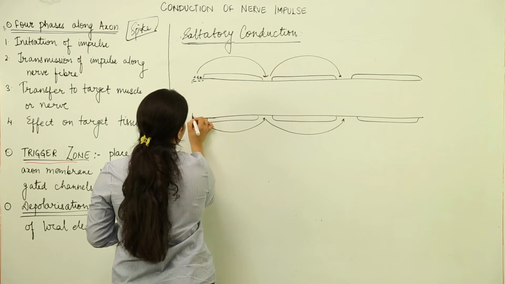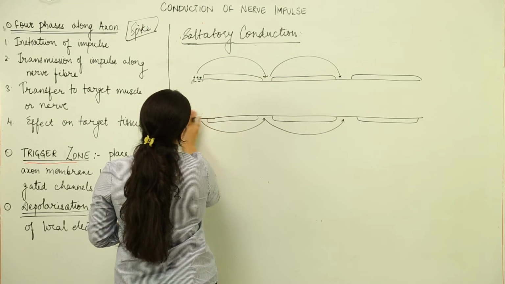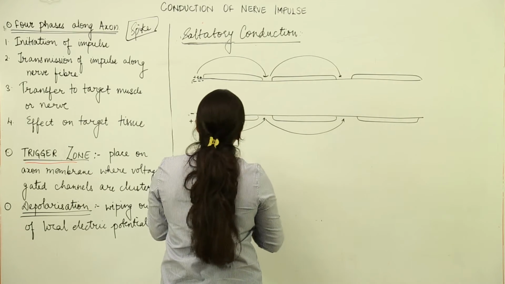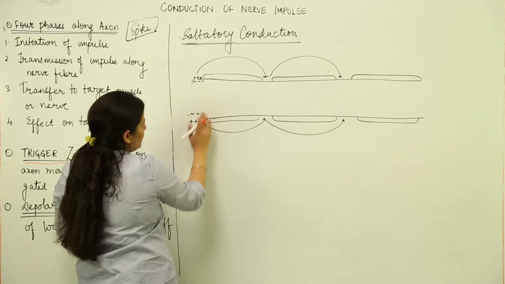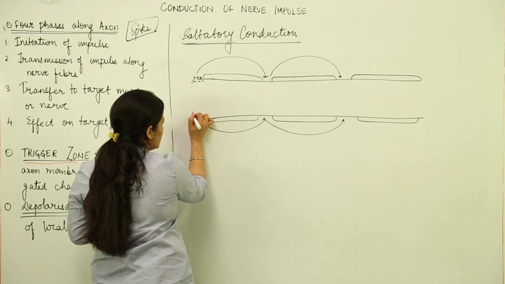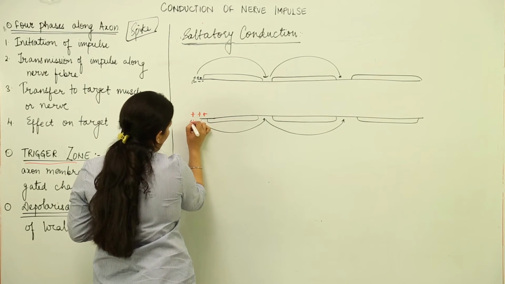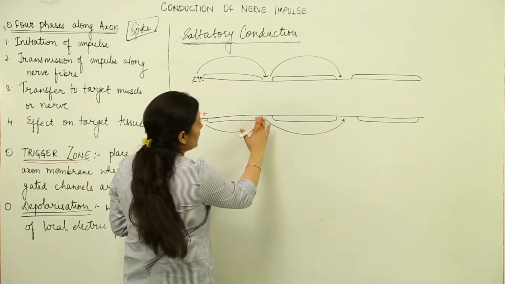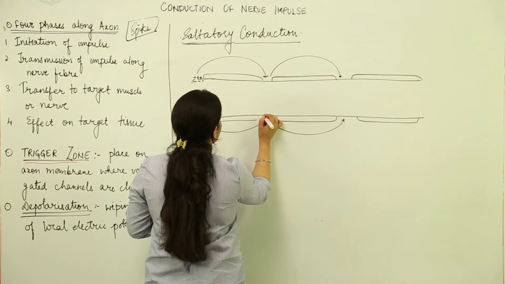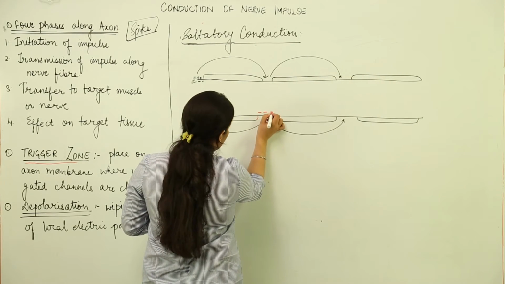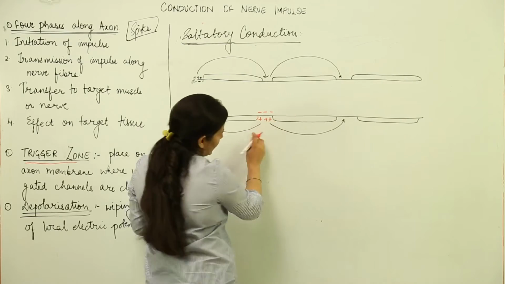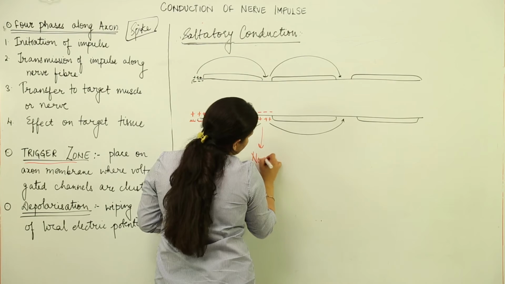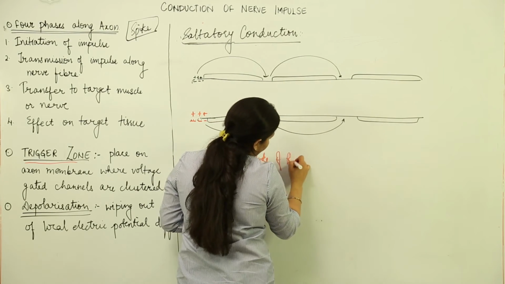You know that in the resting potential it is like this, negative, negative, and over here we have positive charge. Now when the conduction comes over here, depolarization is going to change the pattern, and the next part that can take this charge, pardon me for that, is going to be the next exposed part of the axon, that is known as node of Ranvier.